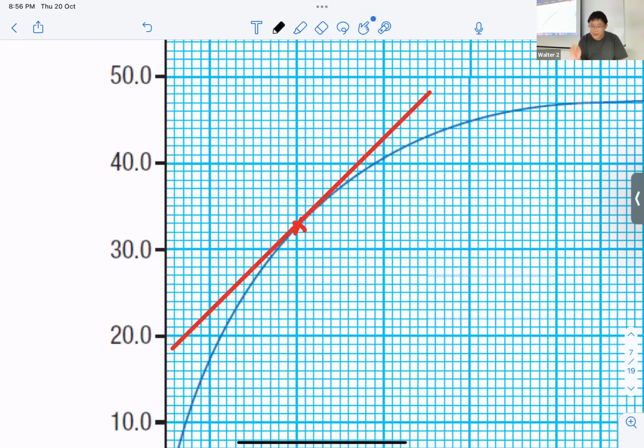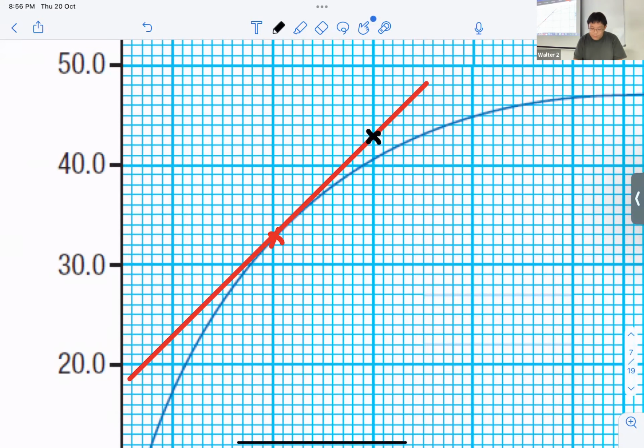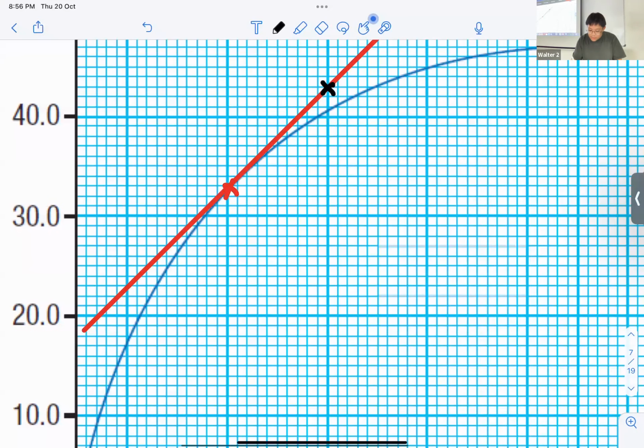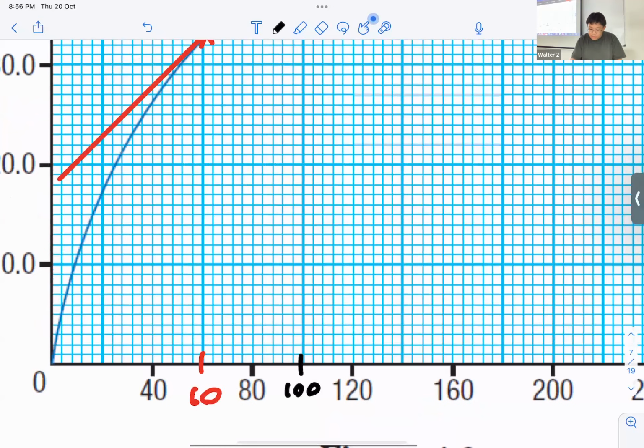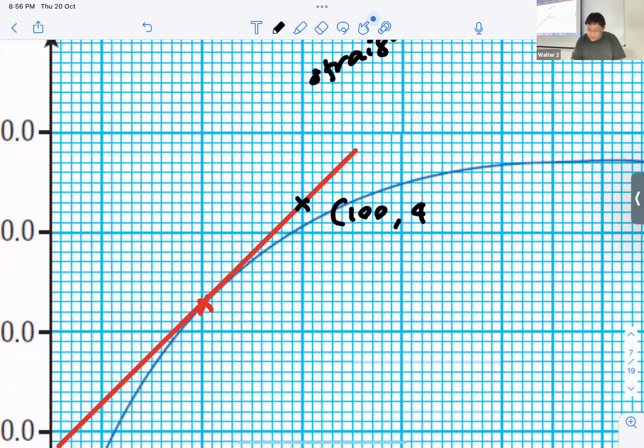So for example, I'll pick two points which are easier for me to see the coordinates. Maybe I'll pick one over here. The first one will be at 100, so my x value will be 100 and my y value will be 43.